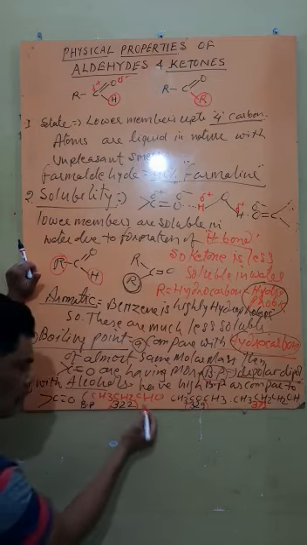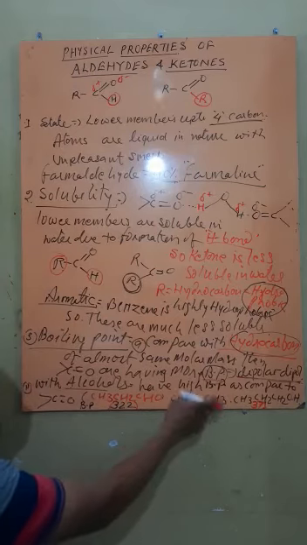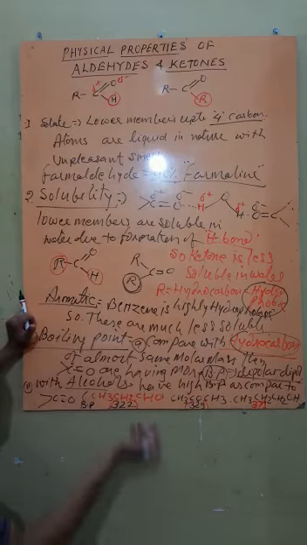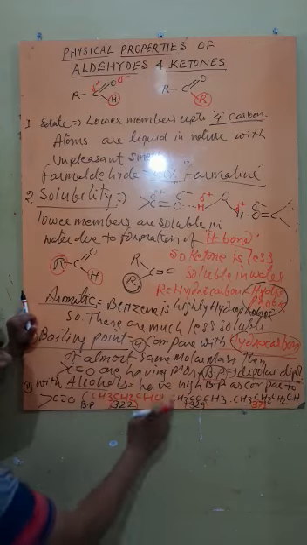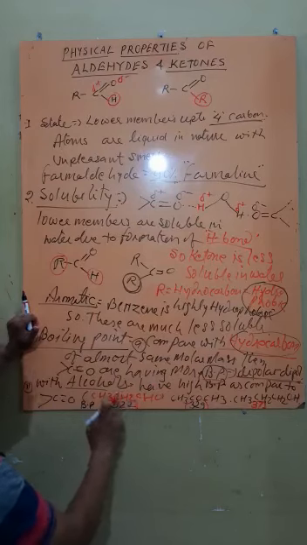Actually, the dipole moment here is 2.8 while here it is 2.88. The greater the dipole moment, the more will be the boiling point. So the dipole moment of acetone is more as compared to propionaldehyde.